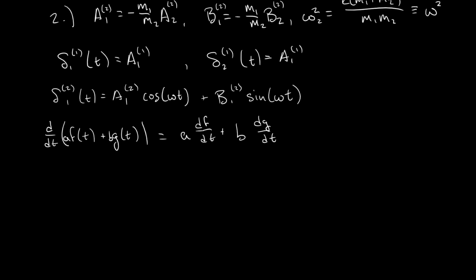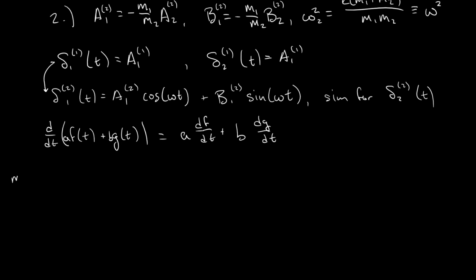say for delta 1, and there's a similar solution for delta 2 of t. So now say I add delta 1 1 and delta 1 2, and then I plug this into the equations of motion.